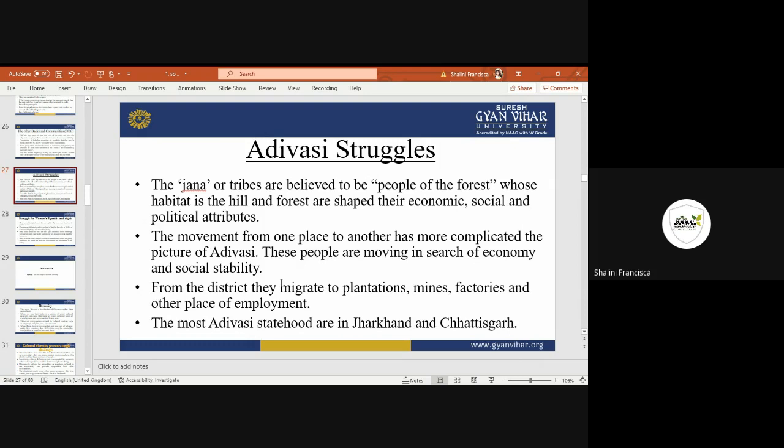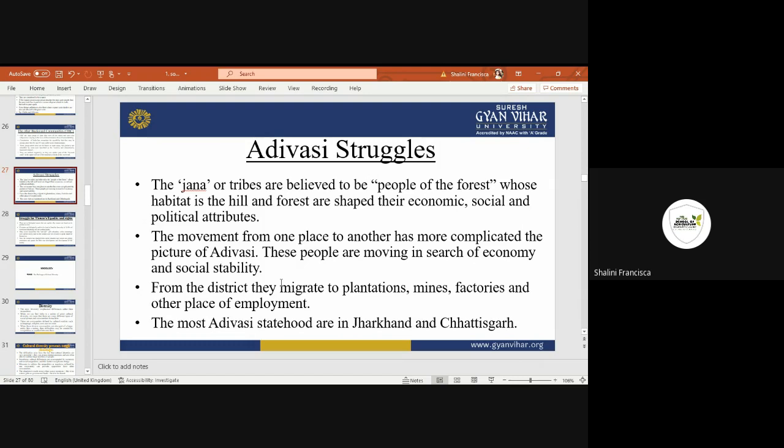So these Adivasi people go for migration so that they can find good areas where they can earn their livelihood.